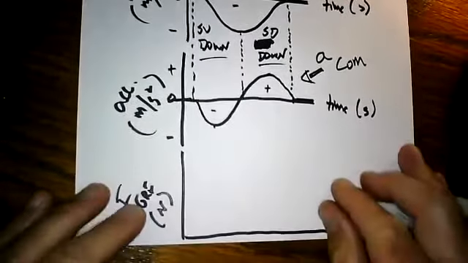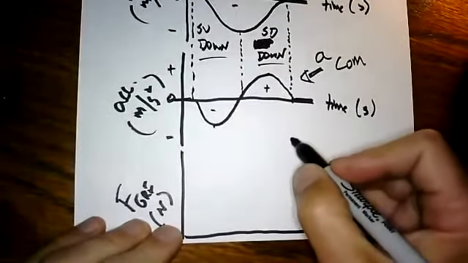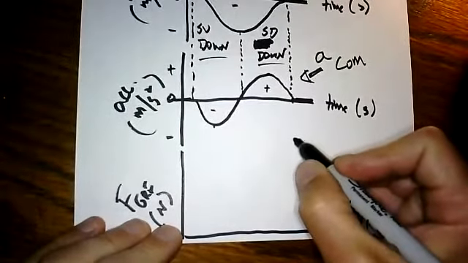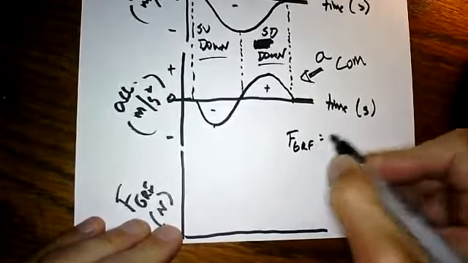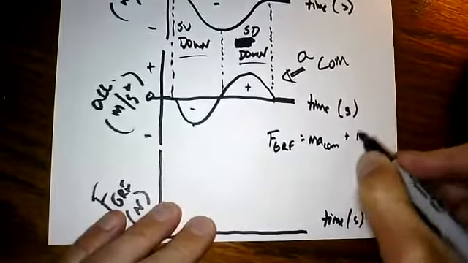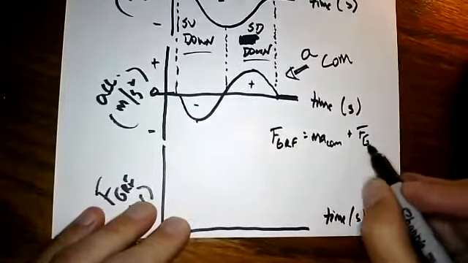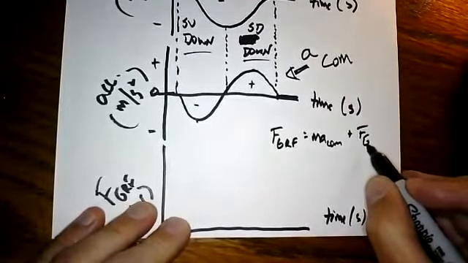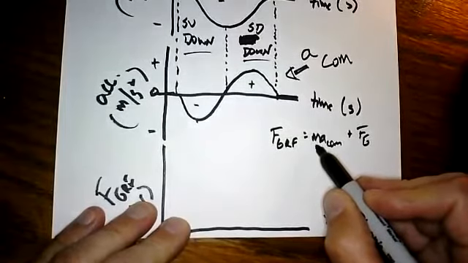All right. So now we want to go to the ground reaction force. Well, how do we do that? Well, I'm going to just write the equation we derived in the previous page of notes. F_GRF equals m a_COM plus F_g. F_g is a constant, and that's body weight. m is a constant, and that is mass of the person.